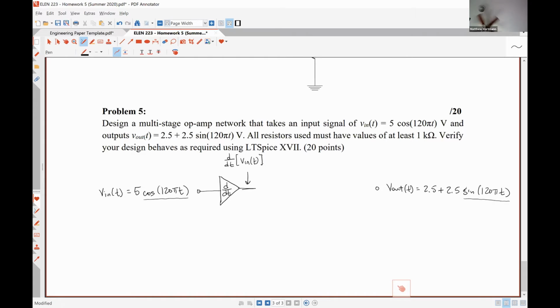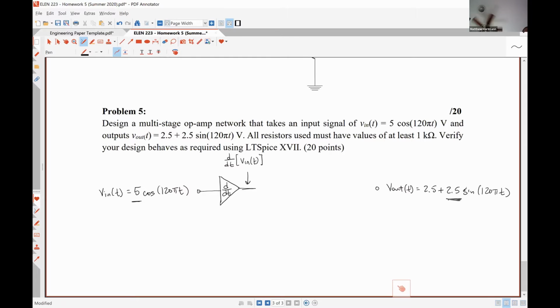So that's where our component selection is going to come into play, right? So we know that this magnitude of 5 needs to be reduced to a magnitude of 2.5. So that's where our actual component values come in.